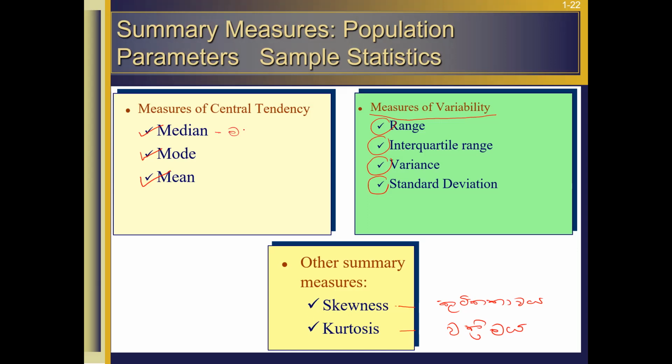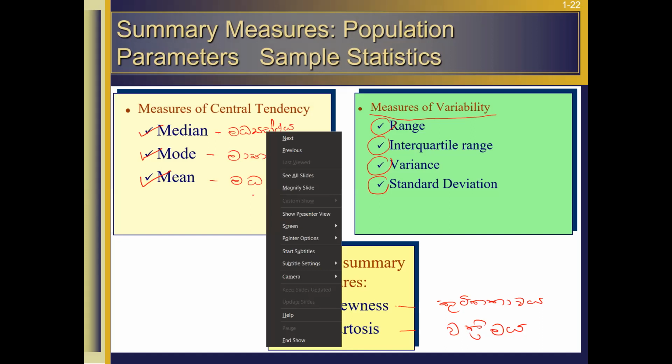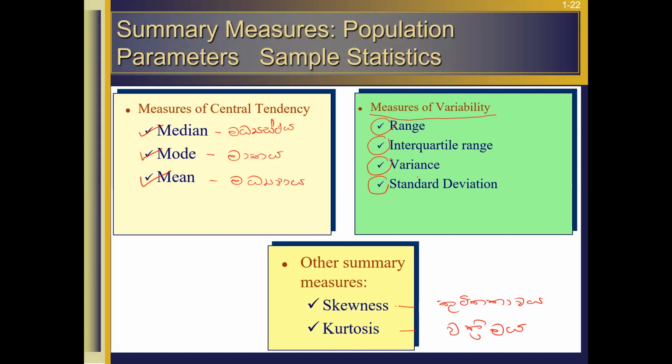Median, madhyasthaya, mode is mathaya, mean is madhyannaya, and the range is parasaya, you know that, and the interquartile range is antarchaturtaka parasaya, and the variance is vichalatavaya, and the standard deviation is sammata apagamane.